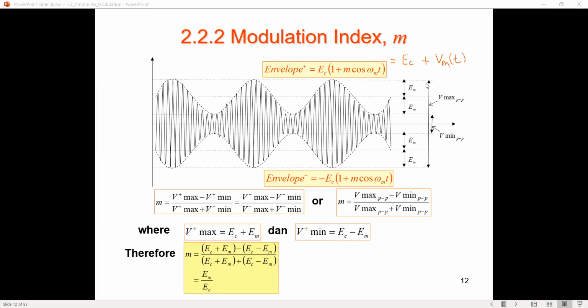Now it's Vmax peak to peak, Vmin peak to peak, Vmax positive, Vmin positive, Vmax negative, Vmin negative. From all these parameters, we can also calculate our M differently.